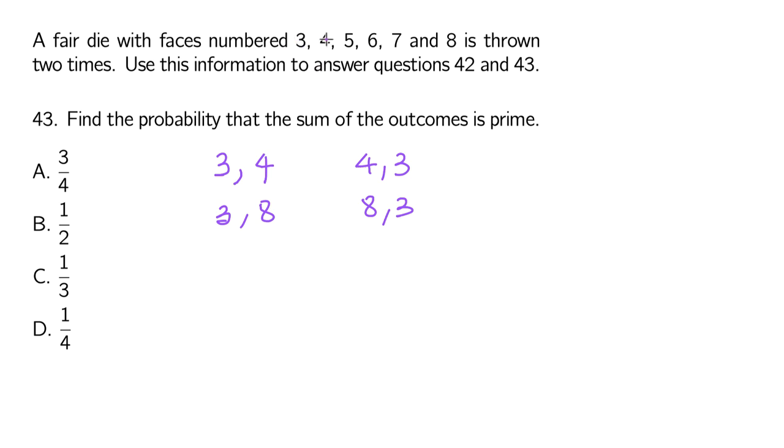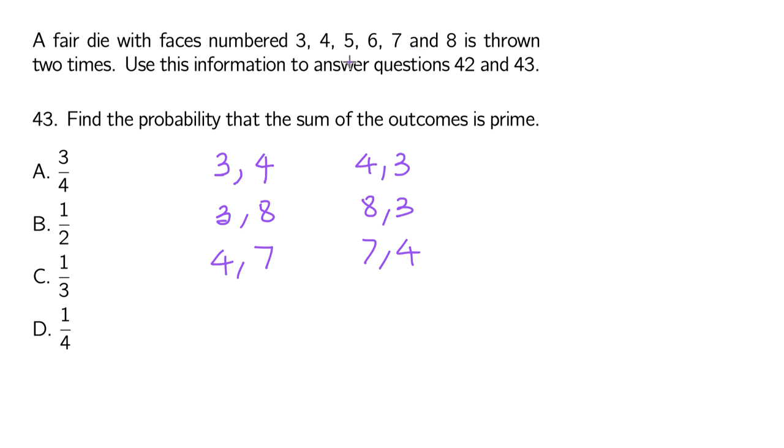Now let's go with using 4. We've already done 4, 3. So that's out. 4, 4 is 8, it's not prime. 4, 5 is 9, not prime. 4, 6, 10. 4, 7 is 11, which is prime. So we have 4, 7 and 7, 4. Then 4, 8 is 12, is not prime.